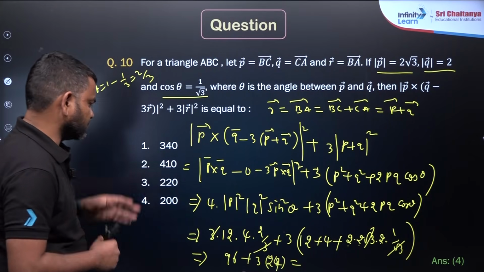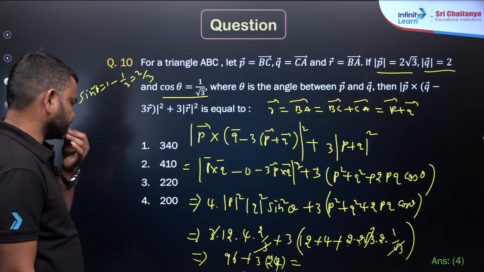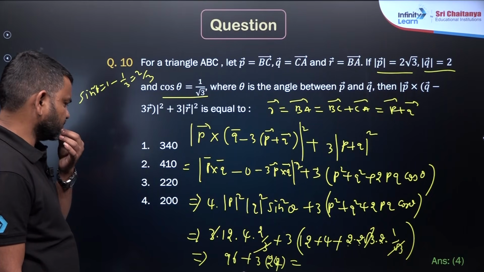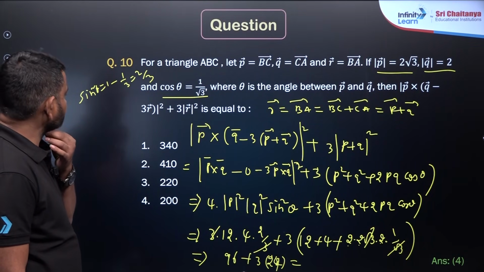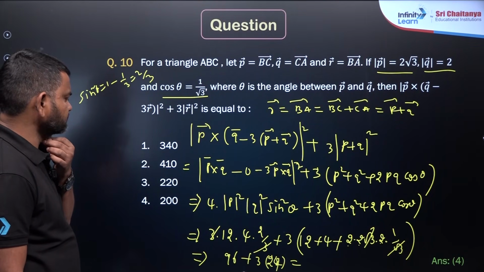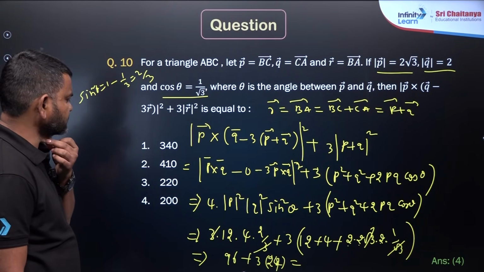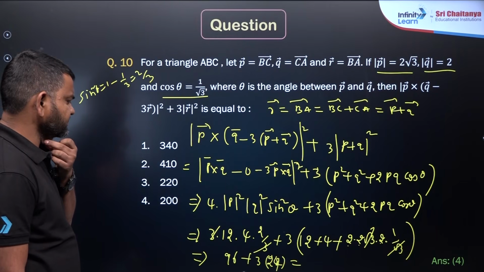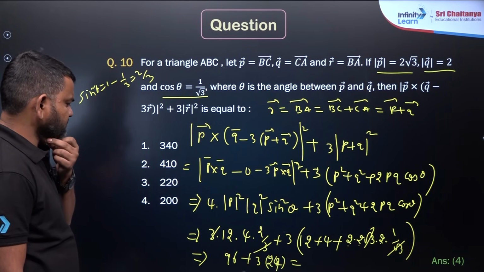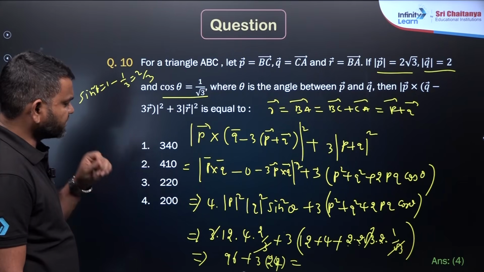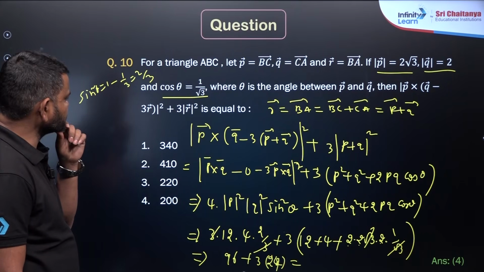So if this is 24, here we have 48 into 2, which is 96, 2 by 3, sin square theta, this is 2 by 3, 96 plus 7 times of 24 I am getting, which is not equal to 200.